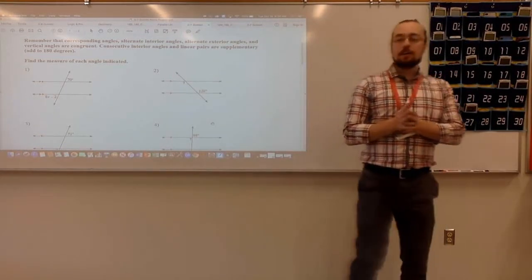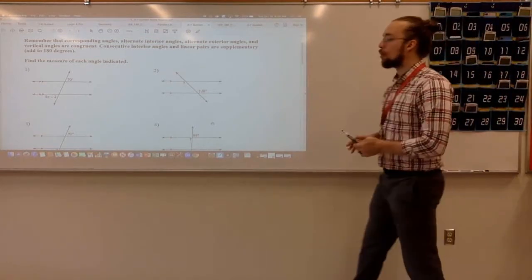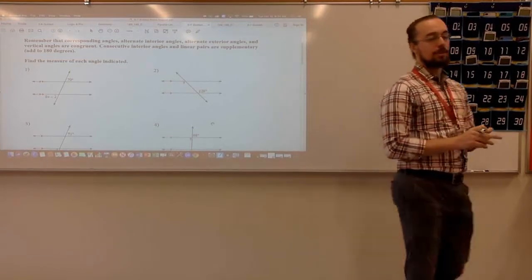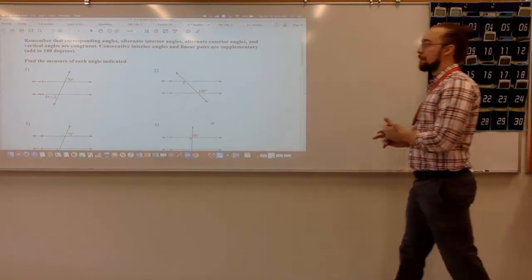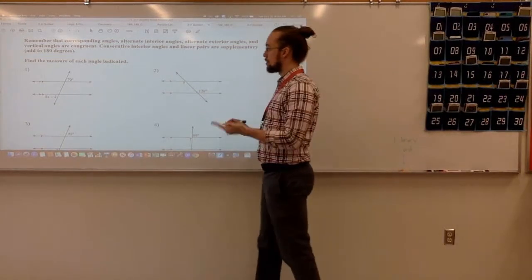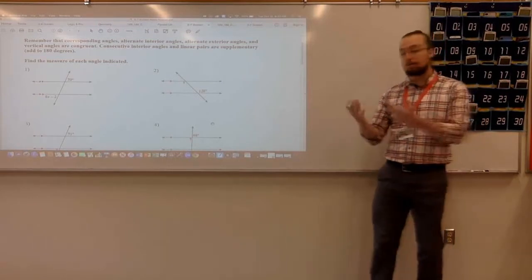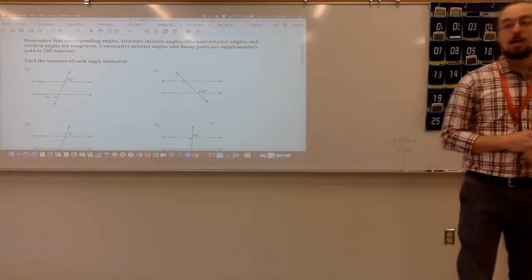Alright, today we are going to just keep going with the angle relationships that we've been talking about. So we talked about corresponding angles, alternate interior, and alternate exterior angles. Okay? We said all of those relationships, the angle measures are going to be exactly the same.